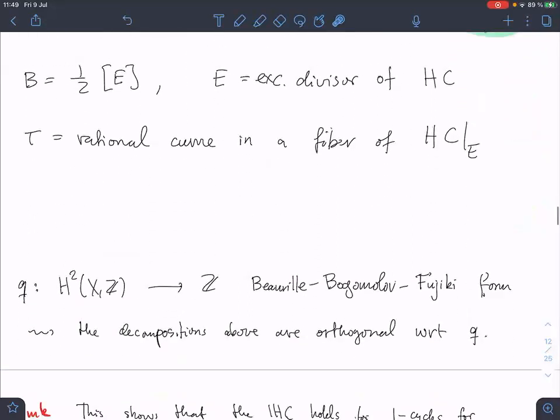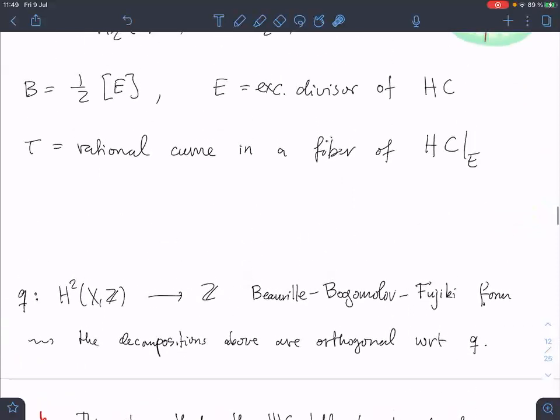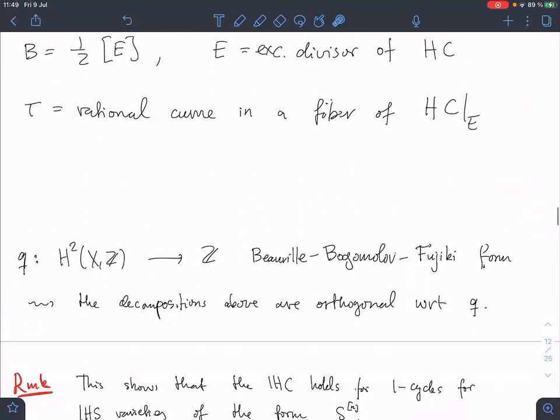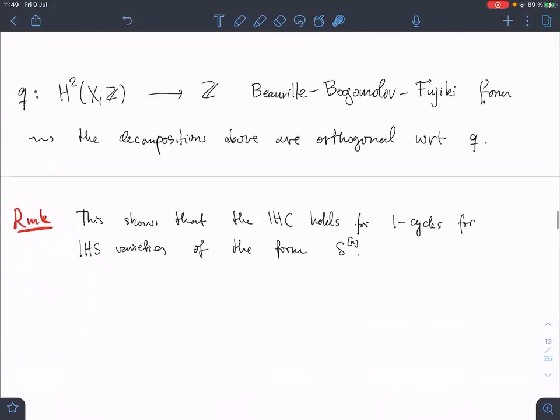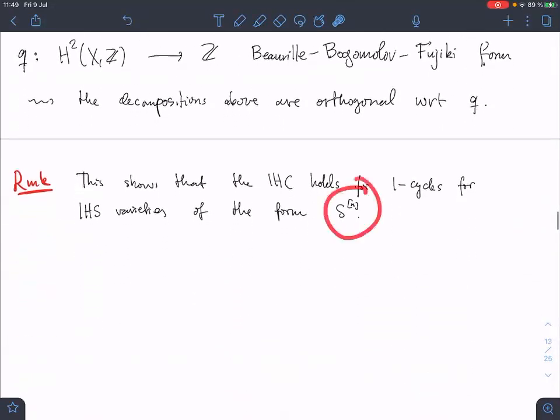The hard part is to prove it for all irreducible symplectic varieties that are deformation equivalent to this Hilbert scheme. But for Hilbert schemes themselves, this is a trivial statement.